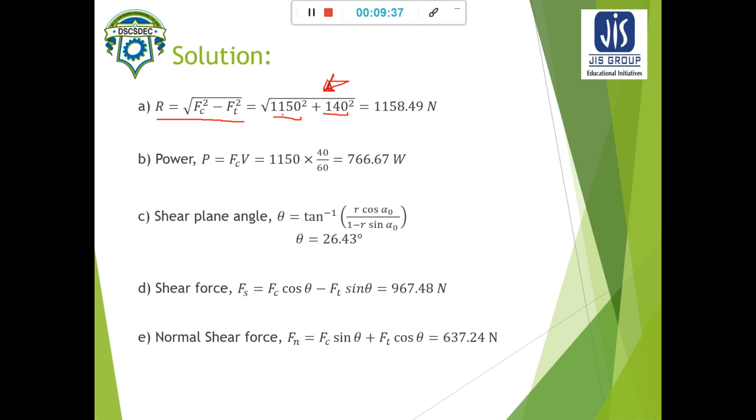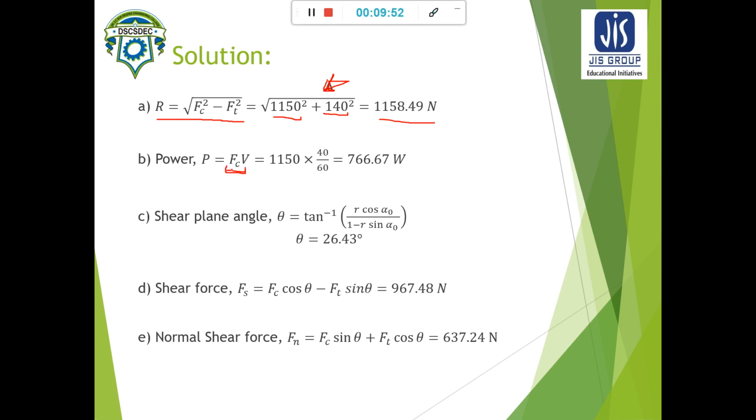So root over of 1150 squared plus 140 squared would give us 1158.49 Newton.